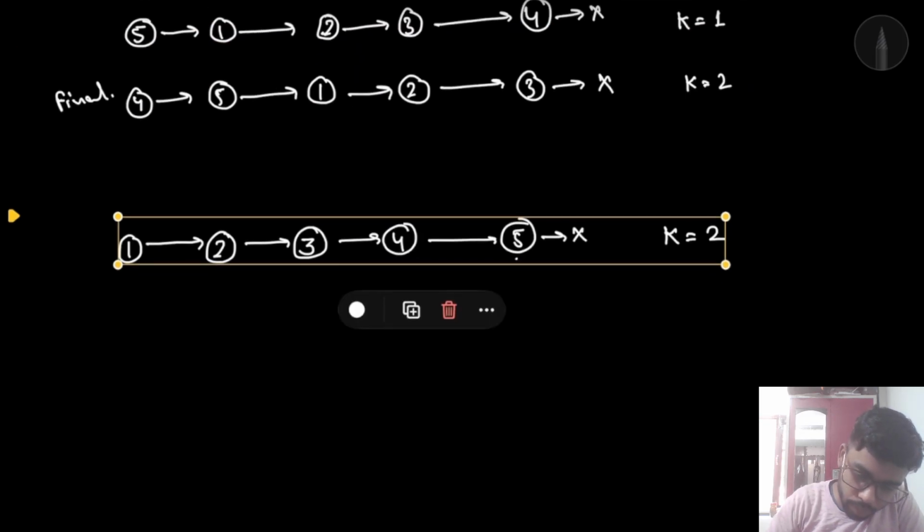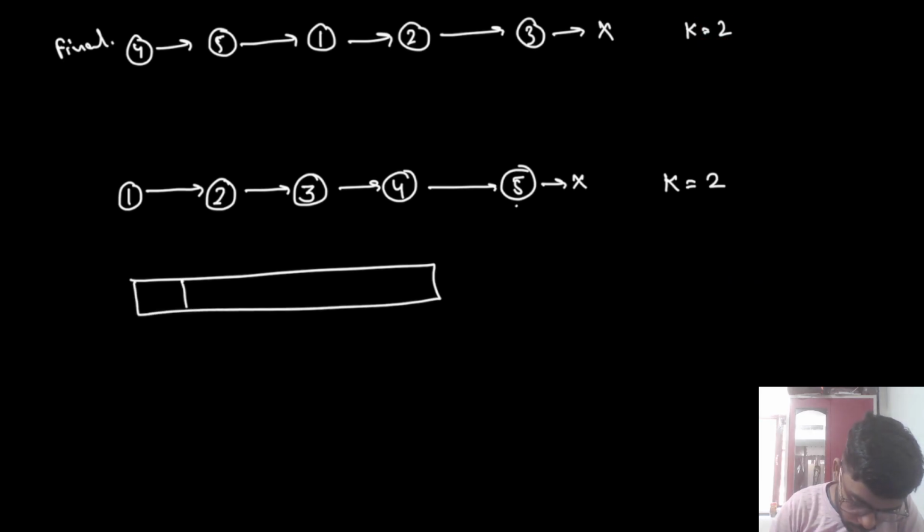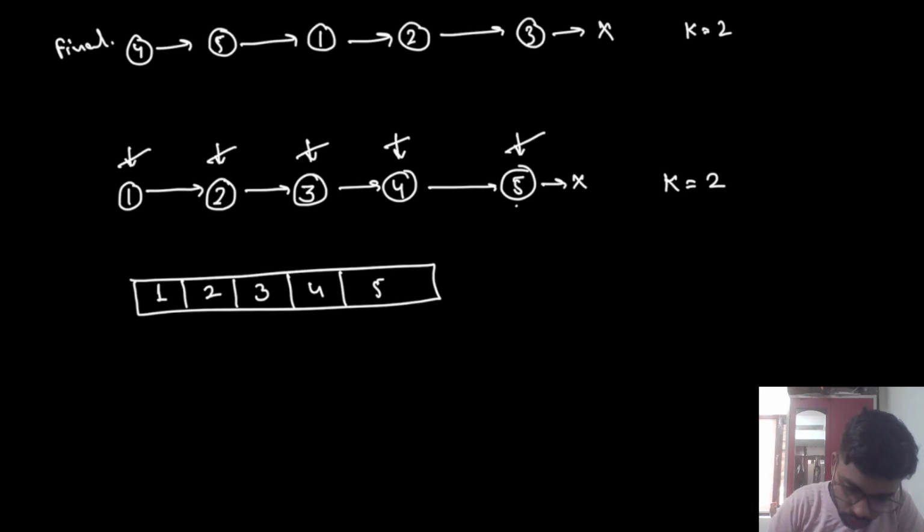Let's have this vector. I will insert 1, then 2, then 3, and 4, then 5.